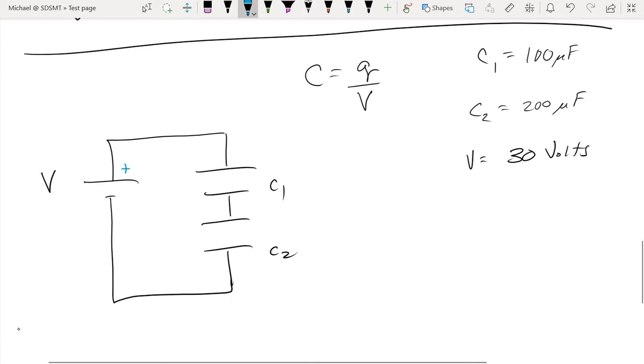And the battery has all of these positive and negative charges that would like to come out and play. And so the positive charges are going to come out of the battery, and they're going to find their way to the top plate of that first capacitor, and they're going to start spreading themselves out until they can't fit anymore.